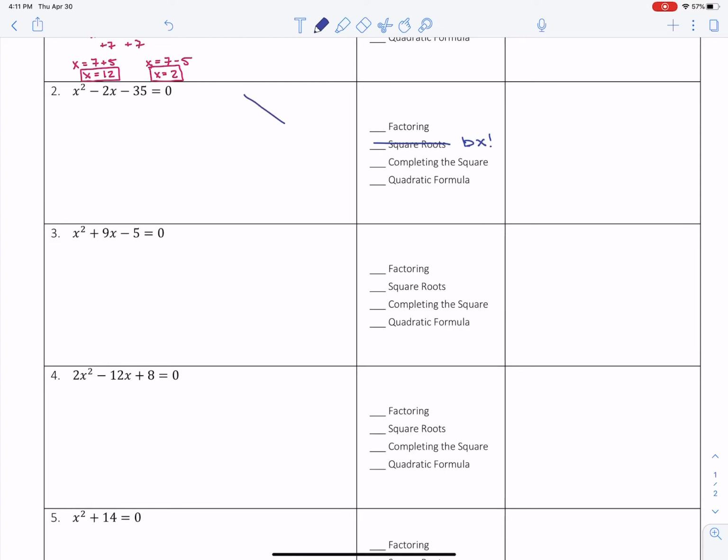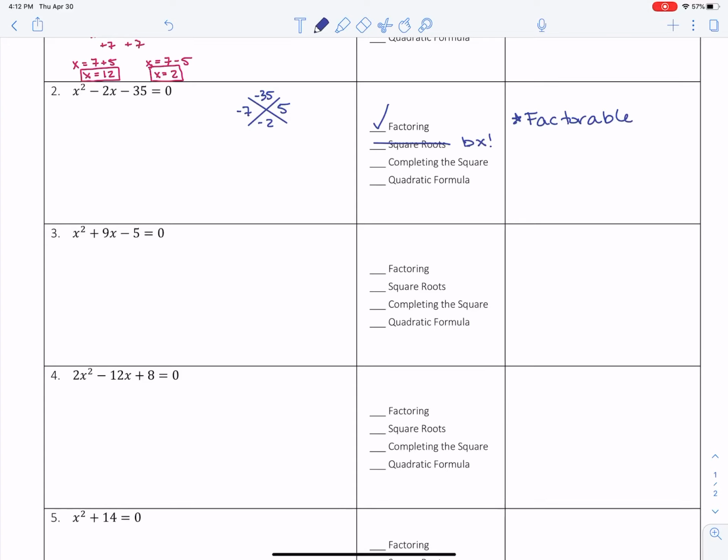So I always like to set up this diamond just to see if it is factorable, and it turns out that this one is. Factors of negative 35 that are going to add to negative 2 are negative 7 and 5. So I'm solving it by factoring. It is factorable, and it's something that I always like to check for before I try anything else.